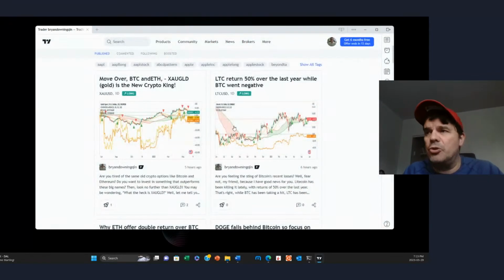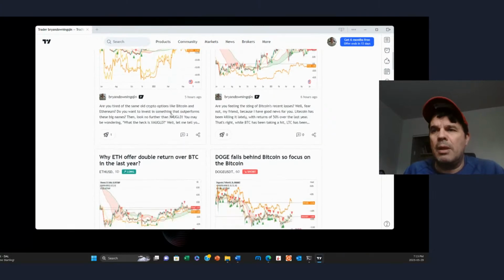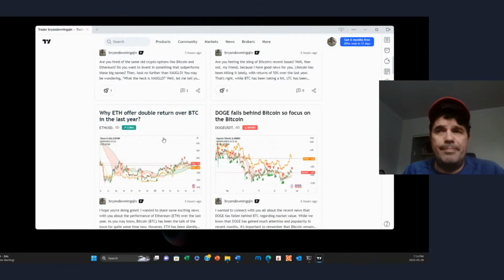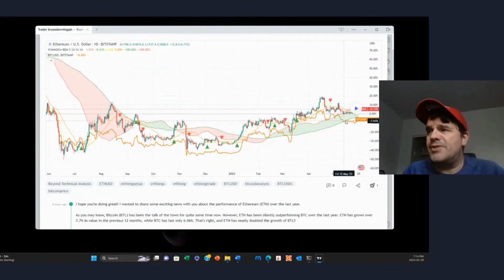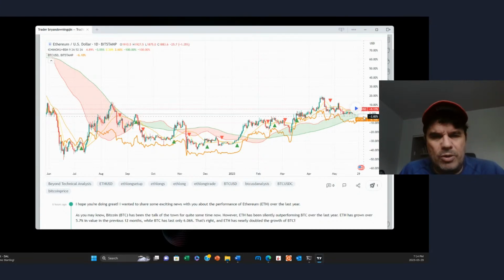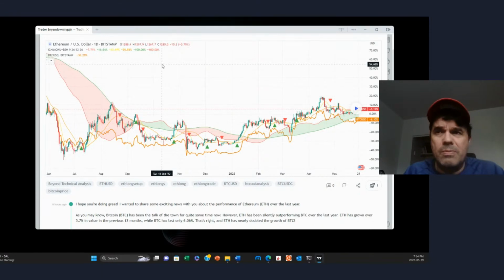So if I show you another comparison with Ethereum and Bitcoin, you can see here Ethereum is outperforming Bitcoin again over the last year by 5%. Okay, so that right there, Ethereum would be better to hold than Bitcoin, just so you know.